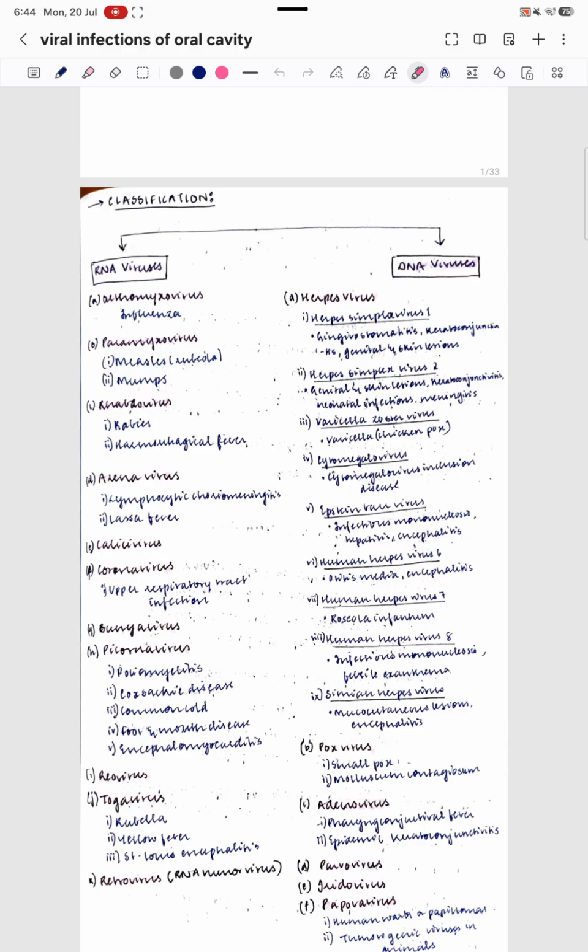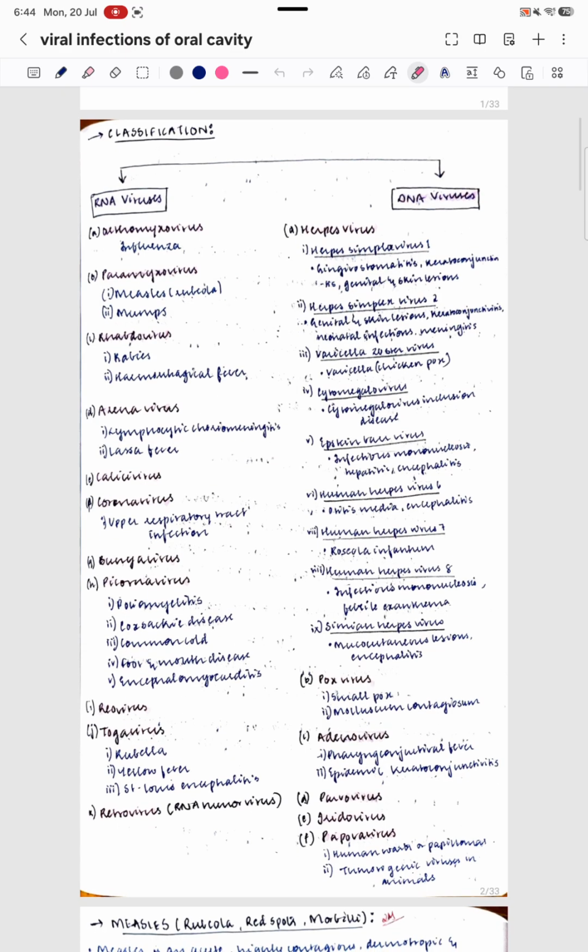In RNA viruses, you have orthomyxoviruses and paramyxoviruses, and in DNA viruses, you have herpes virus. In herpes, you have herpes simplex 1, 2, varicella zoster and cytomegalovirus. So there is a huge classification, but mainly just remember RNA viruses and DNA viruses.